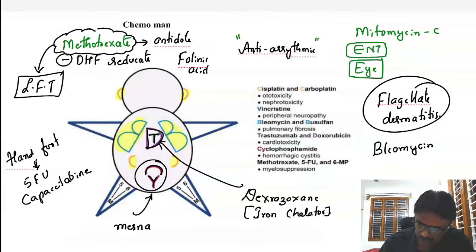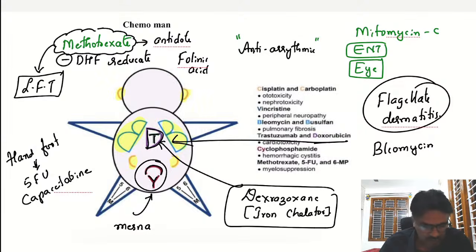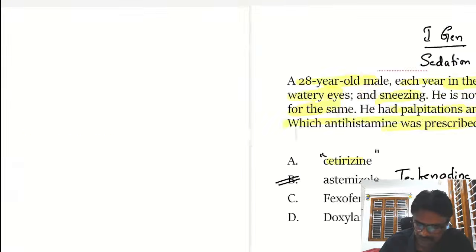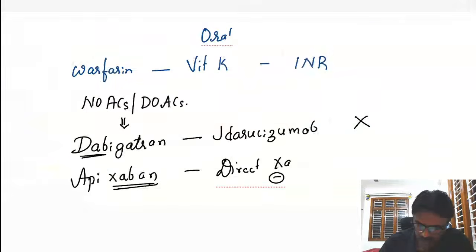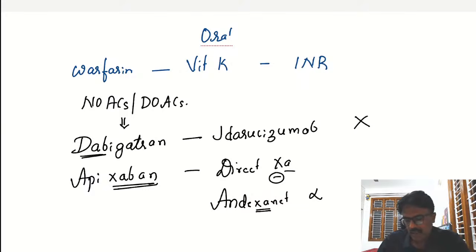I told you, if doxorubicin is causing cardiotoxicity, to prevent that we use dexrazoxane. Right, I was telling you apixaban is a direct 10A inhibitor. Does it have an antidote? Yes. The name is andexanet alfa. No need of routine lab monitoring.